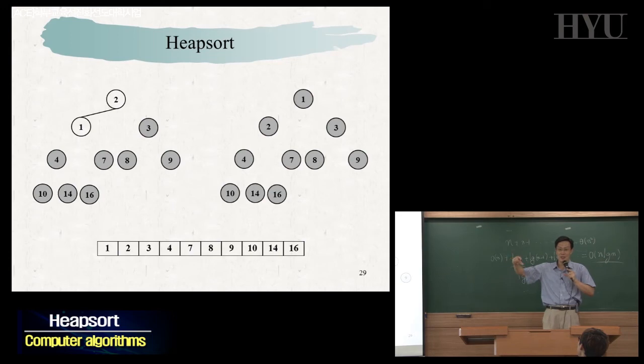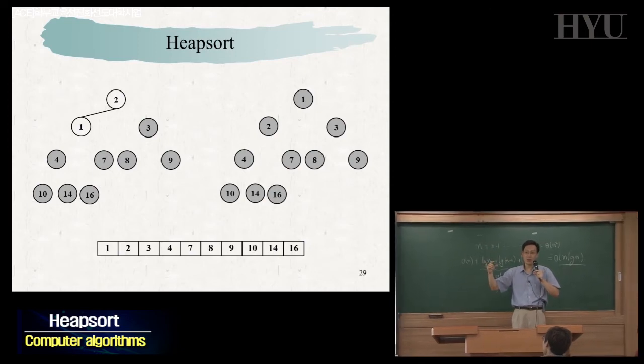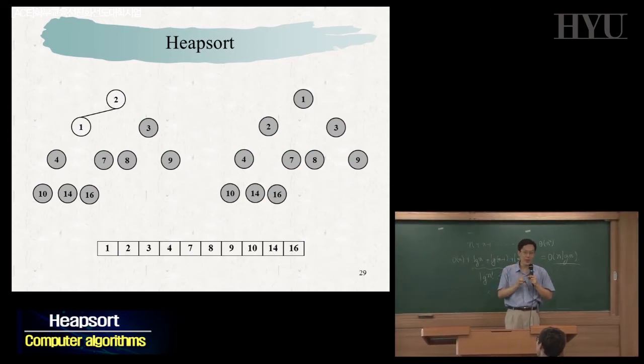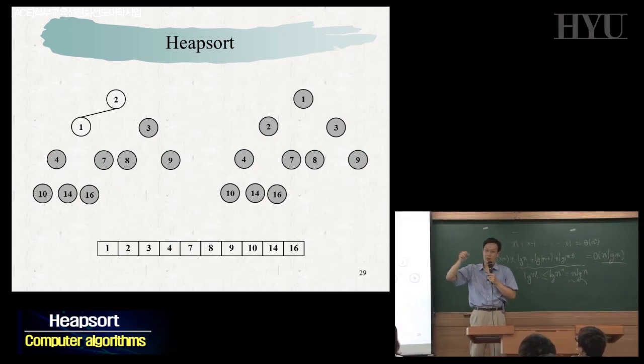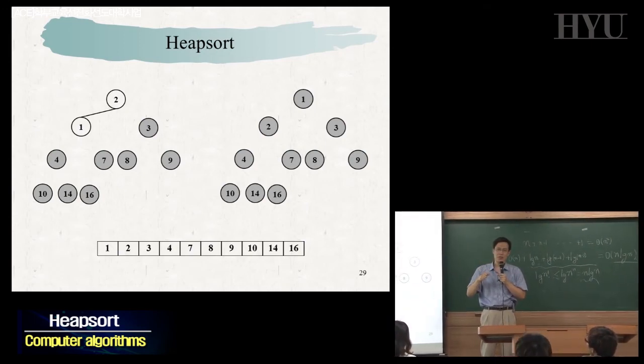It needs another array of n elements for merging. Okay? But insertion sort doesn't require any such large memory. But how about this? In this case, we extract something to store it. So it looks like requiring additional memory.